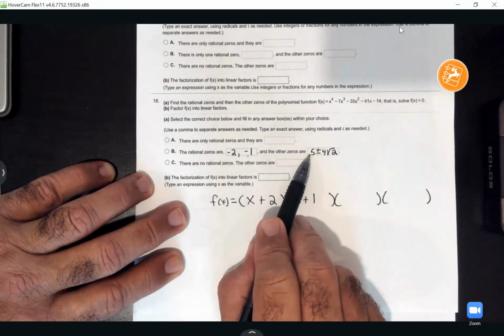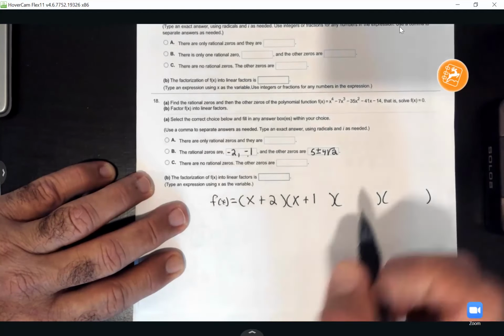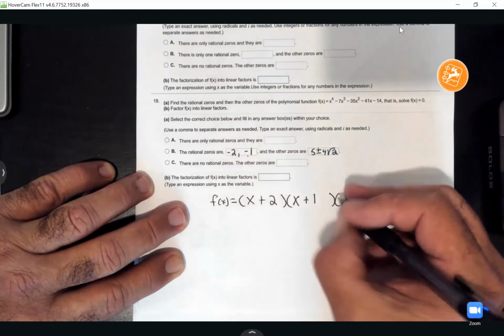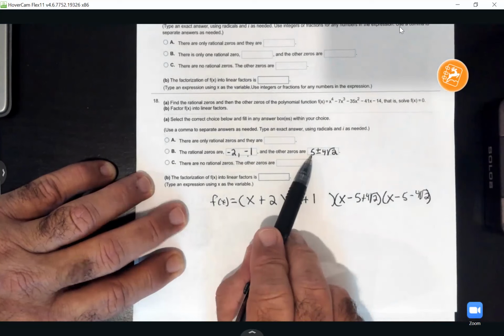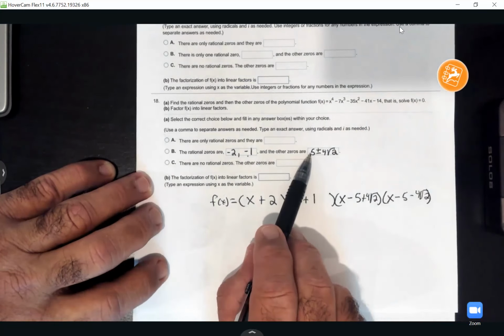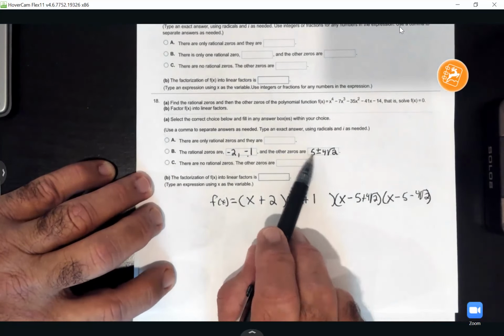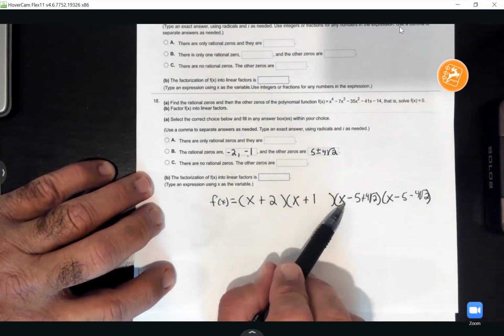Now on this, I'm going to make the 5 negative on one of them. I'm going to do x minus 5 plus 4 square root of 2. The other one will be x minus 5 minus 4 square root of 2. So the only thing you change the sign on is the 5. Make that 5 negative, and then you're going to have one of them plus and one of them minus on the radical part.